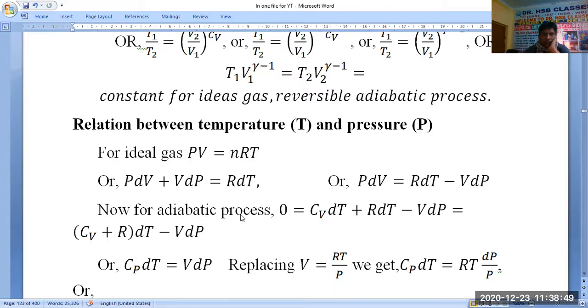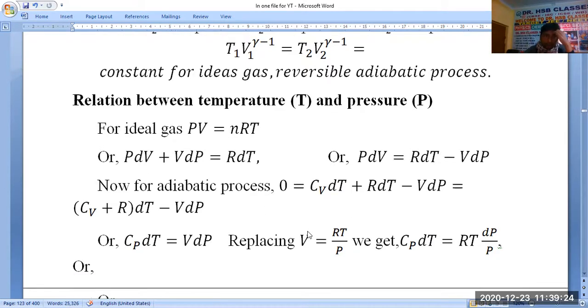Then for an adiabatic process, dq equal to Cv dT plus PdV. So PdV here is R dT minus VdP, equal to 0. Here dT is common, so (Cv plus R) dT minus VdP equal to 0.